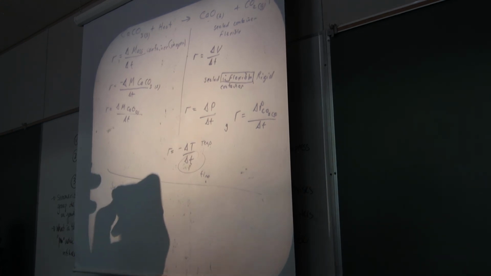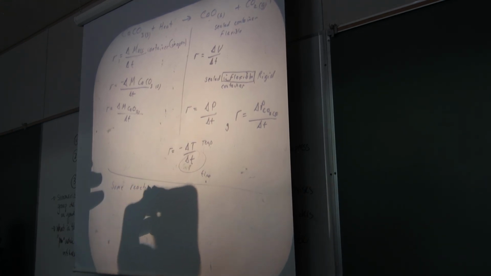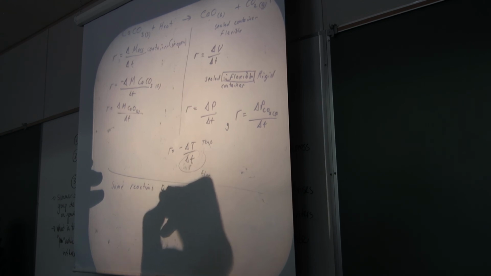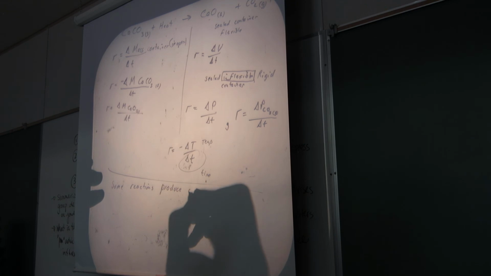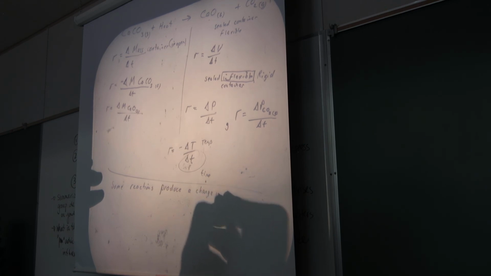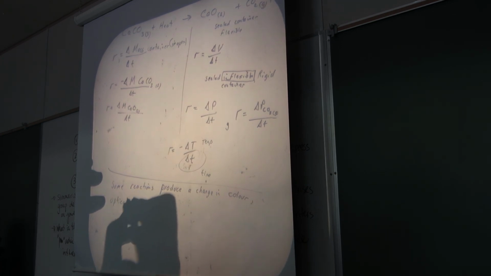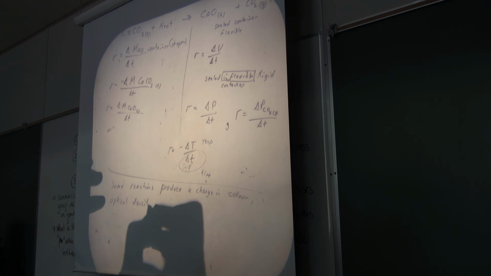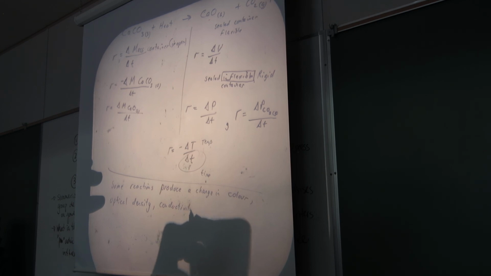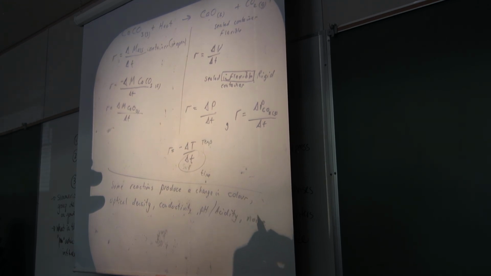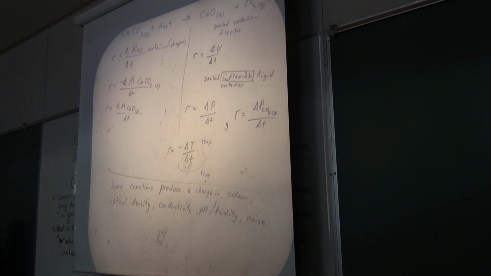For example, some reactions produce a change in color, optical density, conductivity, pH or acidity, noise. What's noise? It's sound being evolved from a reaction. Some reactions produce sound.